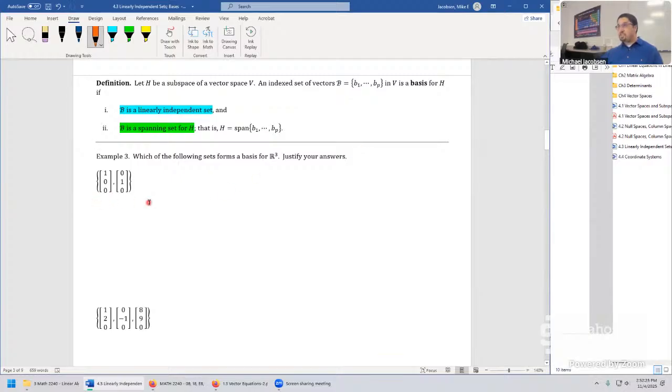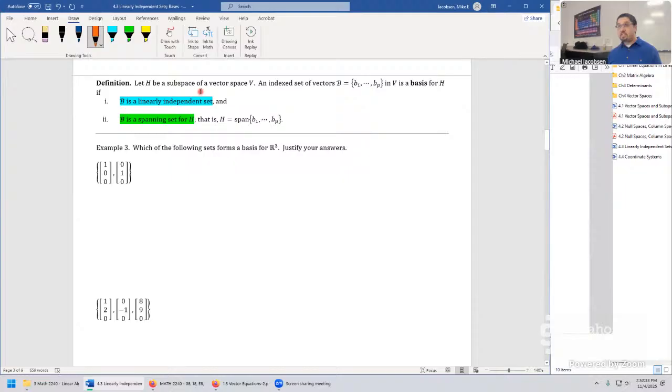I'll give you random sets of vectors, and you have to determine, do they form a basis now for R3? We just have to check two things. Are these sets of vectors linearly independent? And do they span? We have to justify our answers as well as we go through this one. But if it was an exam question, I probably would just say no justification necessary, just for a time saver. So let's go through these each in turn.